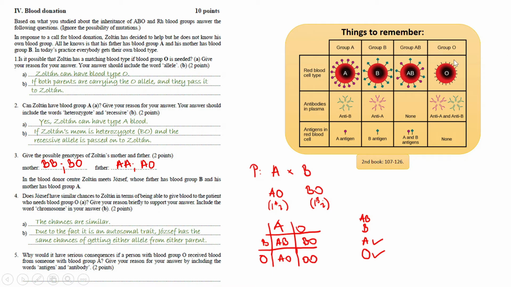And when O is the recipient and A is the donor, the situation unfortunately is not successful, because in the recipient blood plasma we can see that both anti-A and anti-B antibodies are present. And therefore, basically in the recipient blood plasma, the A antigens will be agglutinated by the anti-A antibodies. So that's what we need to write down in a nice way somehow in here, and that's one way of putting it.